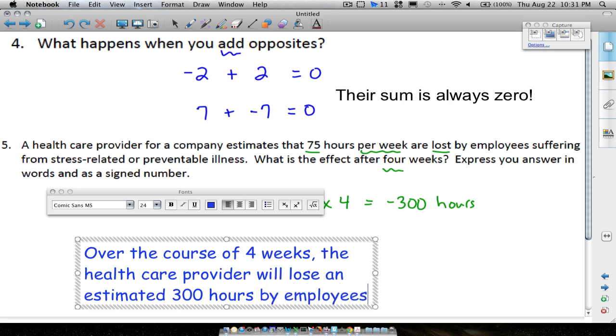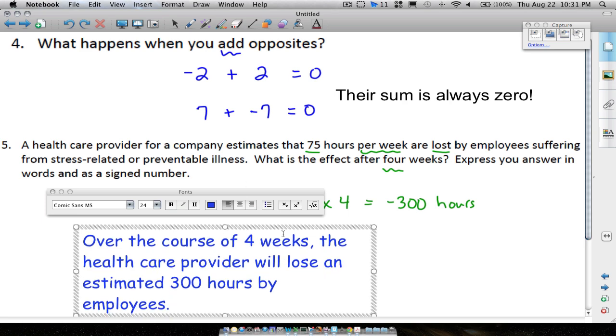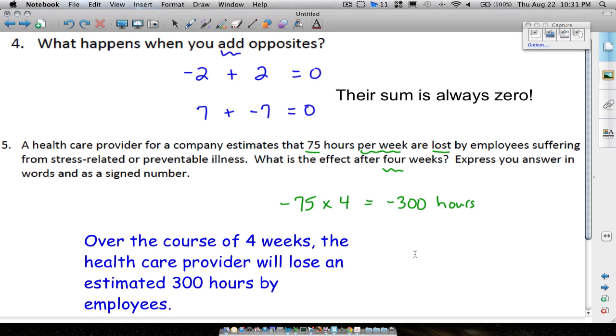Something along those lines. Just make sure you are talking about a loss. Over the course of 4 weeks, the healthcare provider will lose an estimated 300 hours by employees. Something along those lines. Just give some type of explanation saying the loss, there's our loss, and the 300 hours.